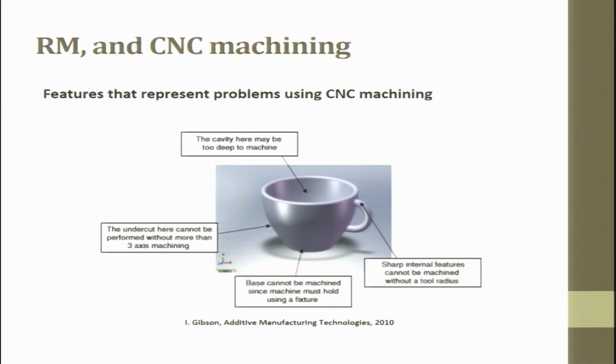The base cannot be machined since the machine must hold using a fixture. Then sharp internal features cannot be machined without a tool radius. So, all these things put a limitation for a CNC machine. So, deep cavity, then undercut, then you have internal features and then bottom features. All these things put a bottleneck for using a CNC machine.